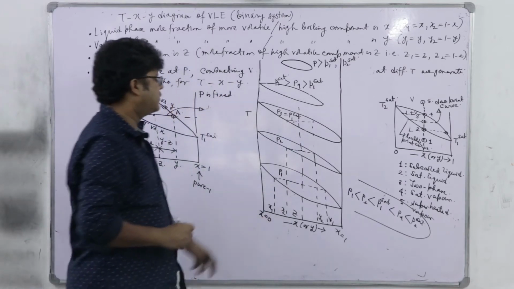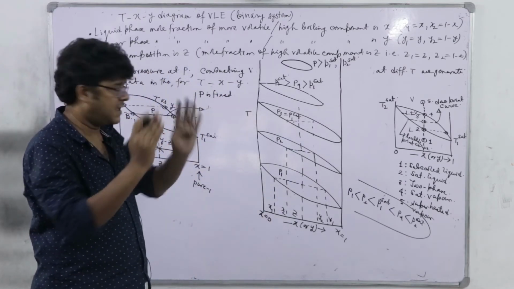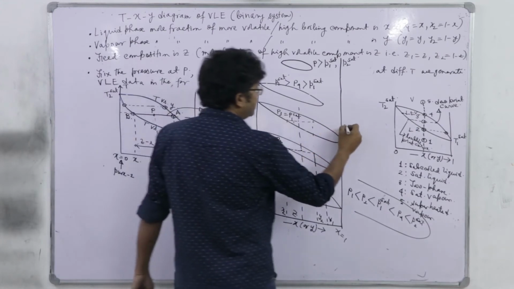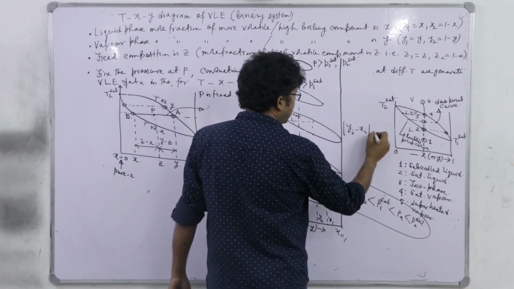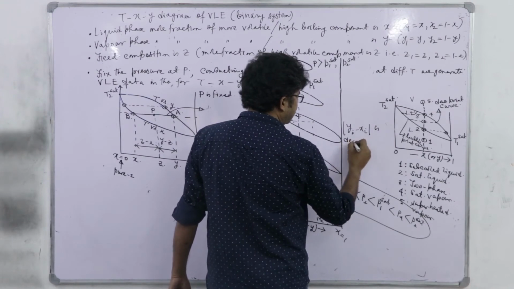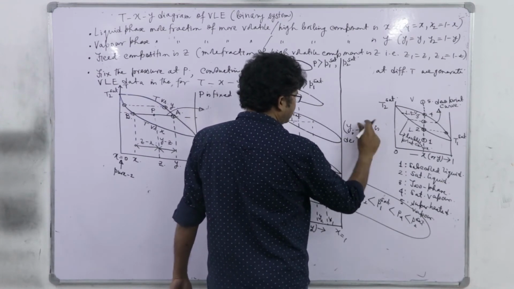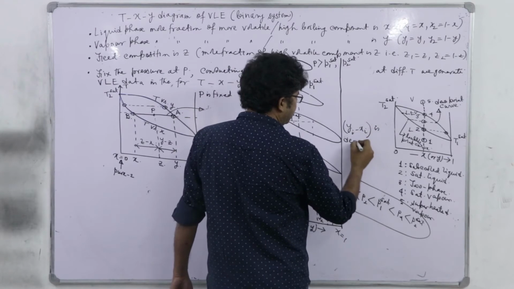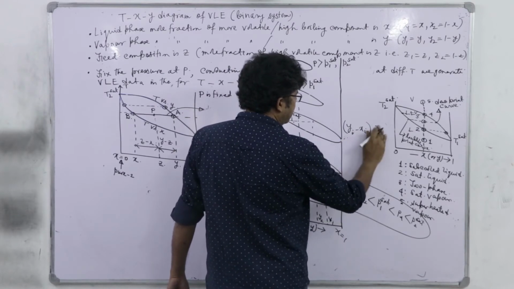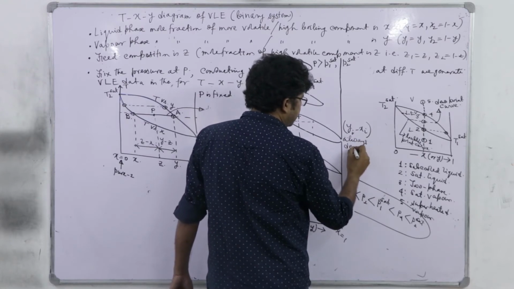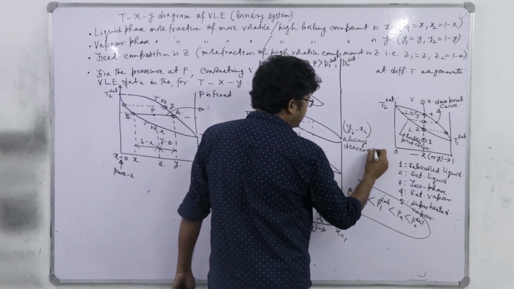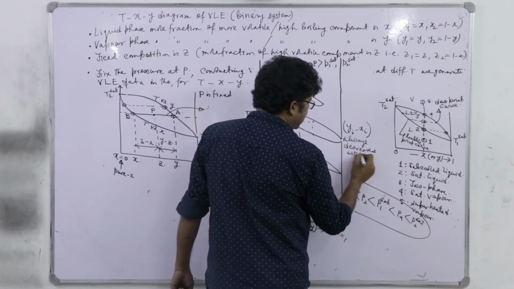Right. So it will go on reducing the two phase, the gap between. So we can write that yi minus xi in modulus, where yi is naturally greater than xi, always decreases with increasing pressure.